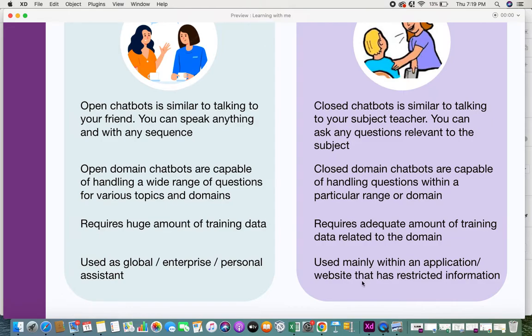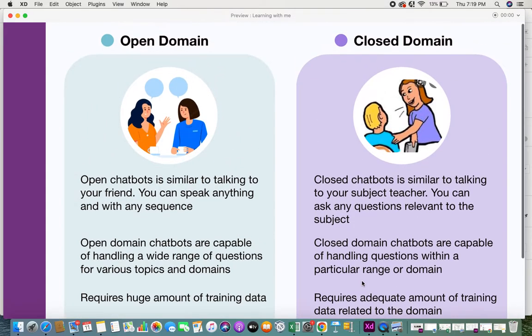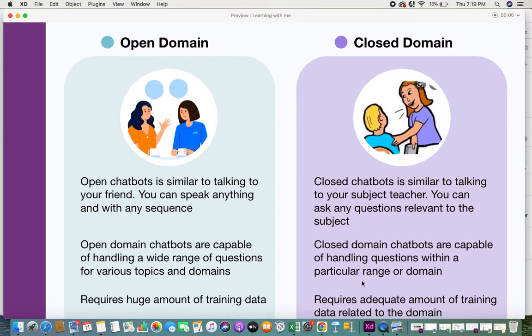Closed domain chatbots are mainly used within an application or a website that has some restricted information. You want the bot to be trained on the questions that might arise from customers or clients, and you train the bot to deliver the appropriate answer based on these questions. This is the difference between open and closed domain chatbots.